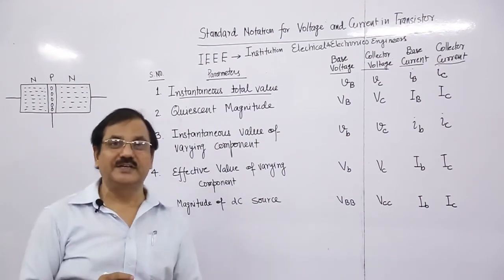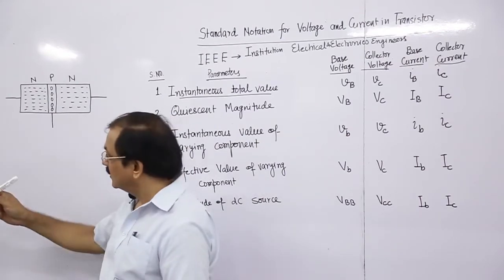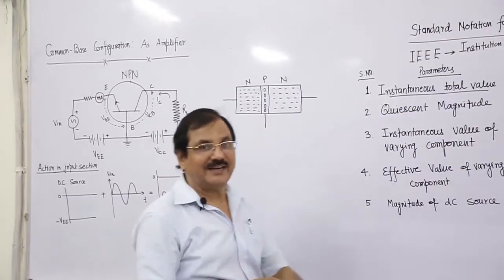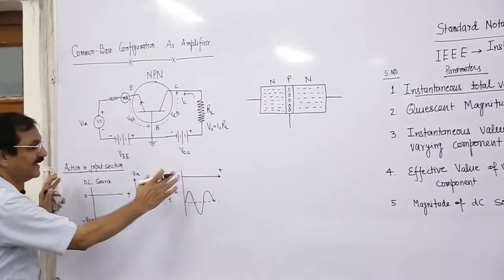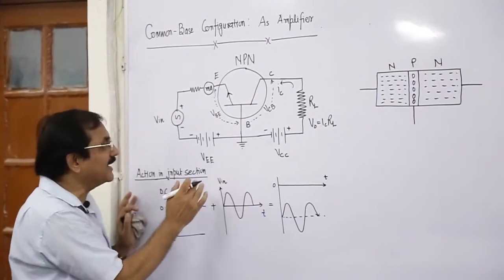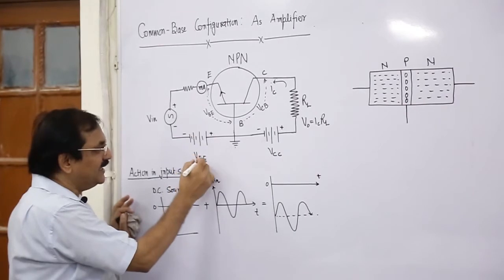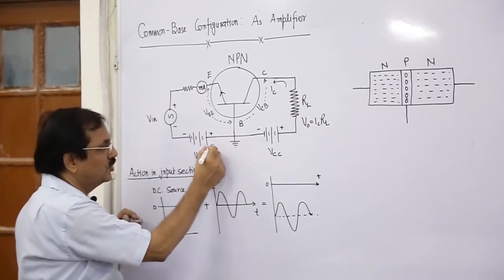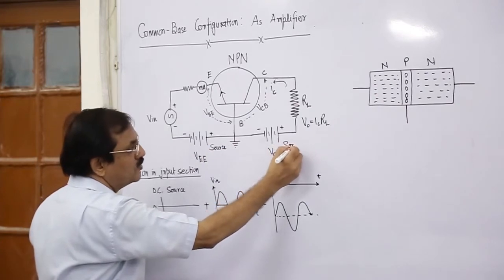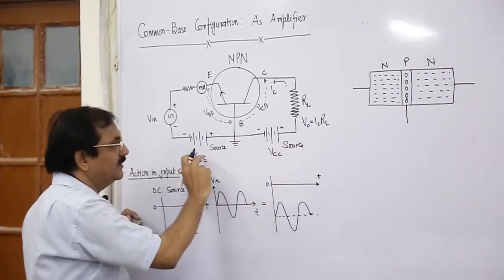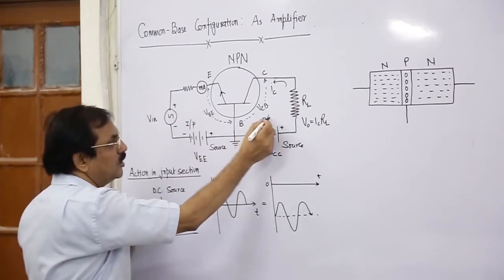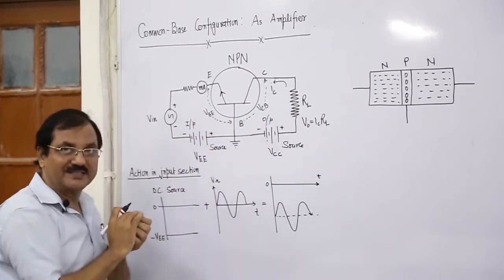Instantaneous total voltage means, you see in this diagram, a very simple diagram of the common base configuration. In this diagram, this one is VEE, a source of energy. This is the input section, and here is the output section, the source of energy.